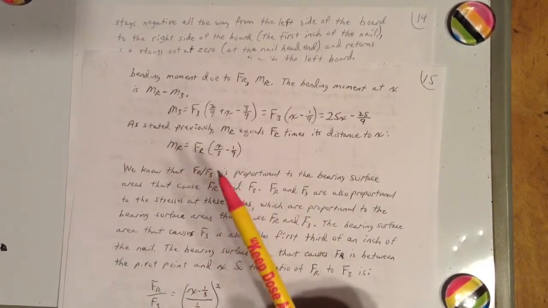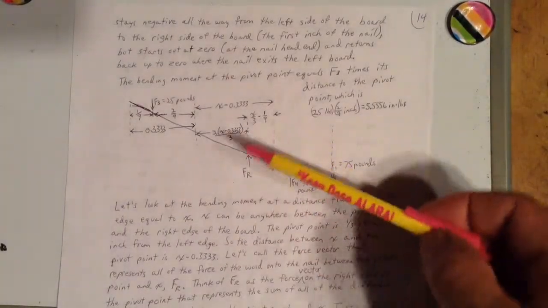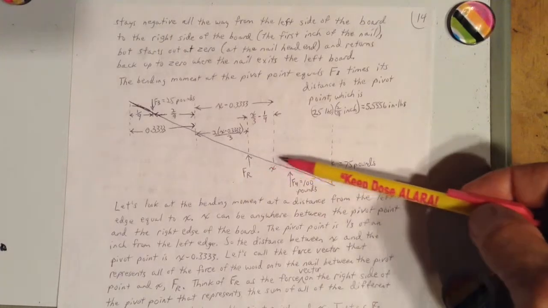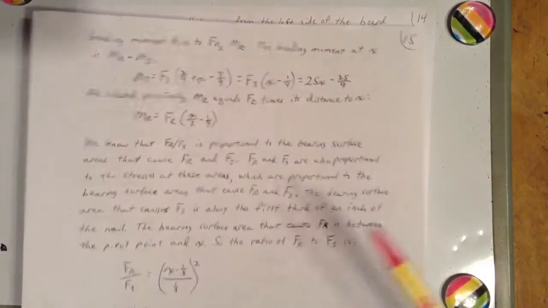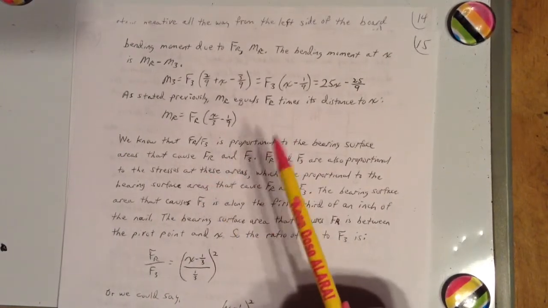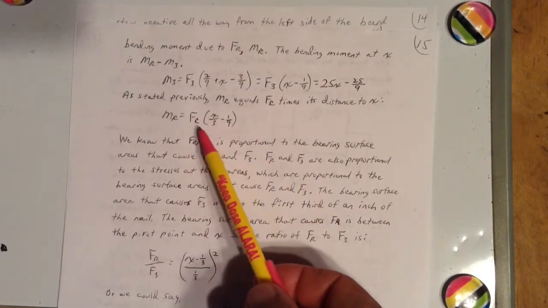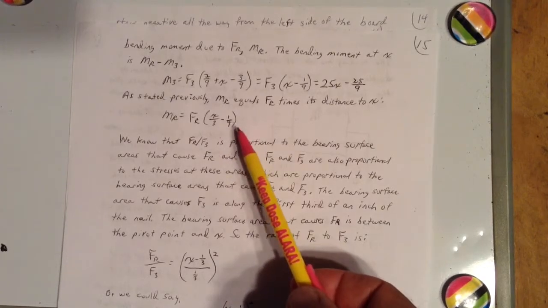As stated previously, MR equals FR times its distance to X. Here's FR, and here's its distance to X, which is X over 3 minus 1/9. MR equals FR times X over 3 minus 1/9.